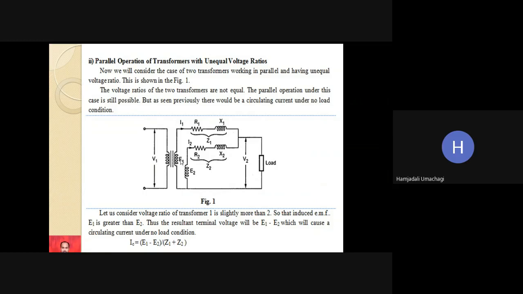But here the induced EMF in transformer 1 is E1 and induced EMF in transformer 2 is E2, and these voltages are not equal, they are unequal.